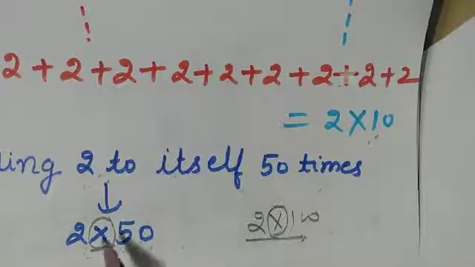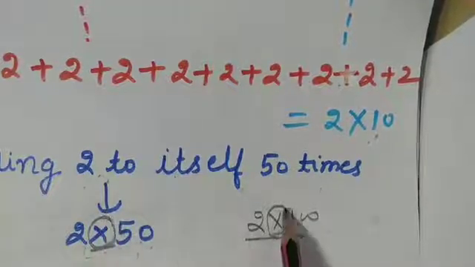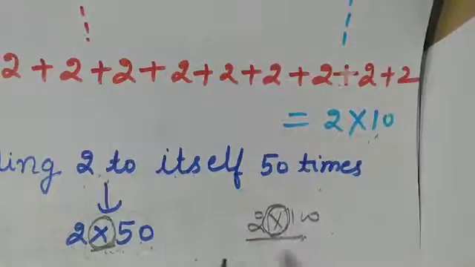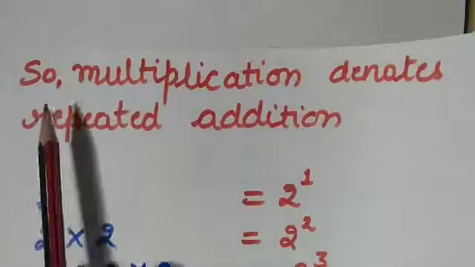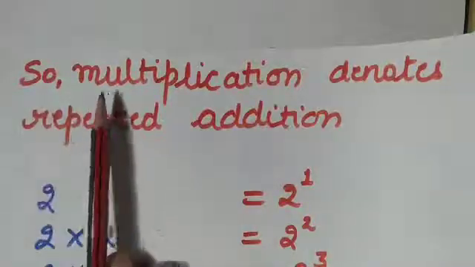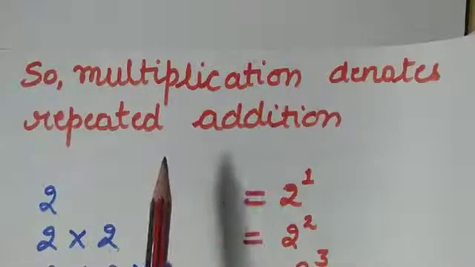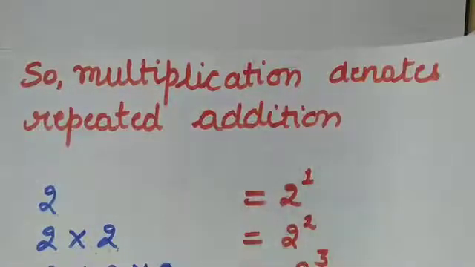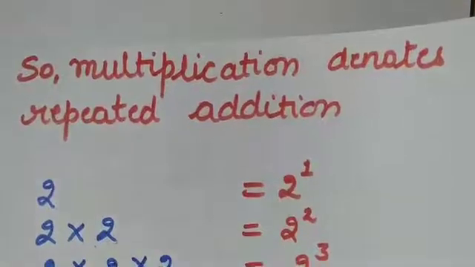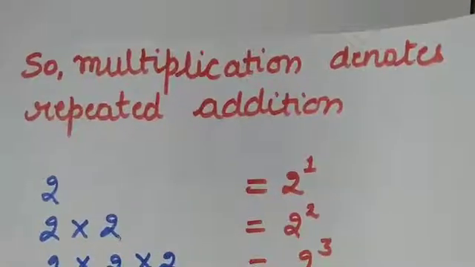And we know that this operation is multiplication. So from the above explanation, I can say that multiplication denotes repeated addition. But what happens if we keep on multiplying 2 to itself?